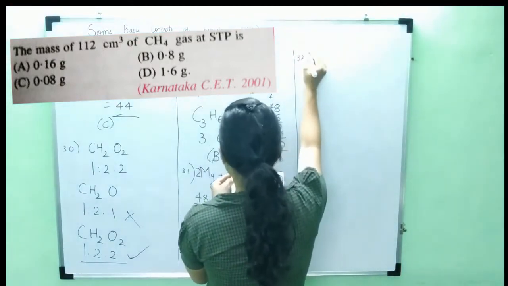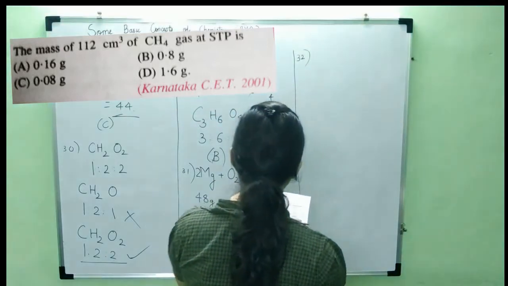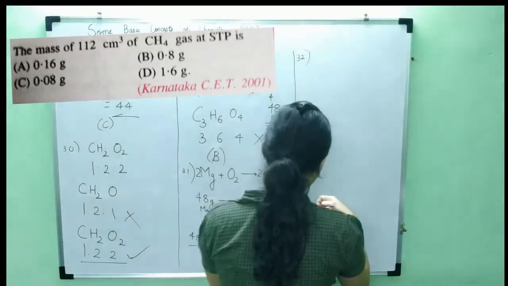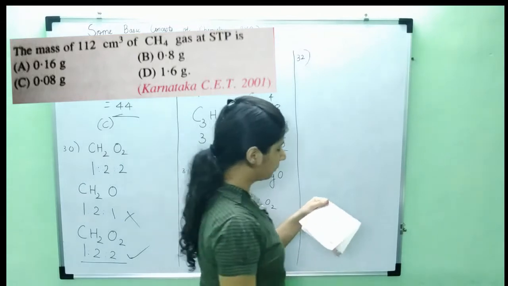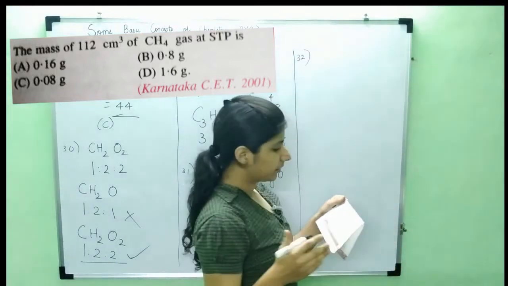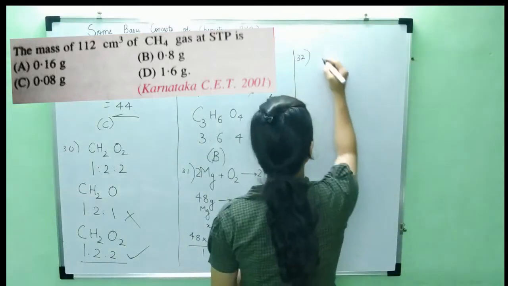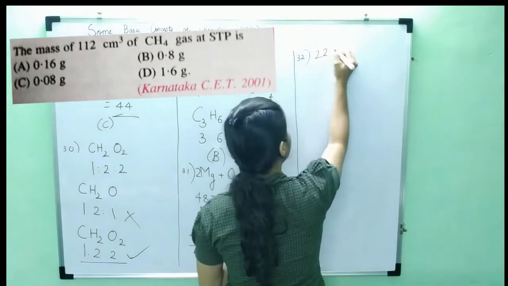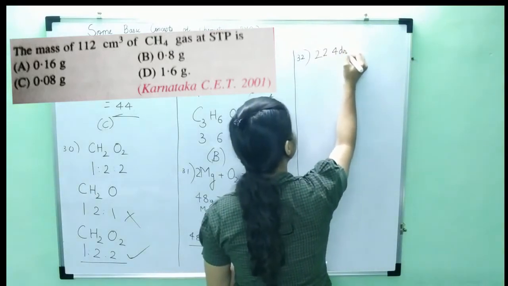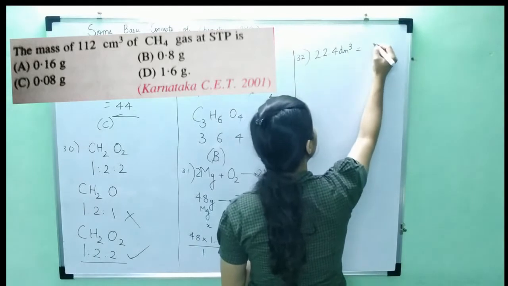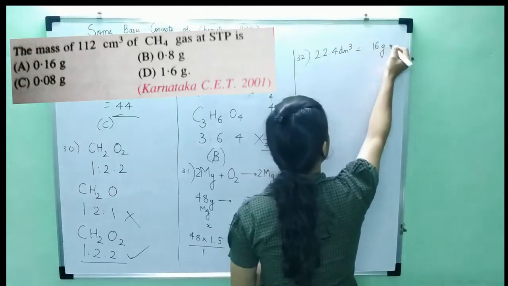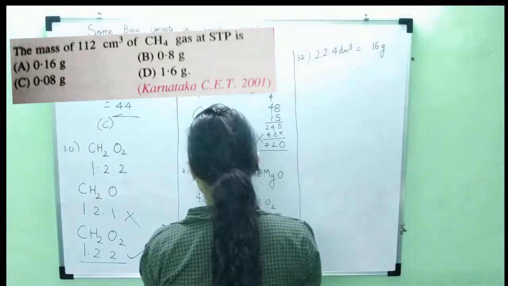Now the mass of 112 centimeter cube of methane gas at STP is. Okay, so now I have to compare volume with mass. Now at STP, 22.4 decimeter cube of methane is how much? It is 16 grams. You should know the molecular masses by now.